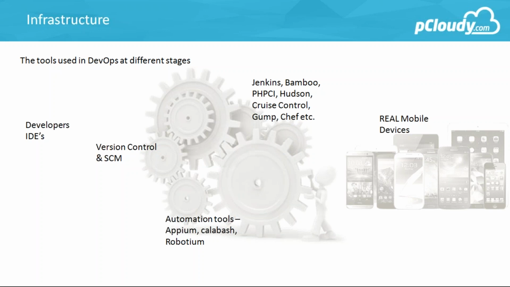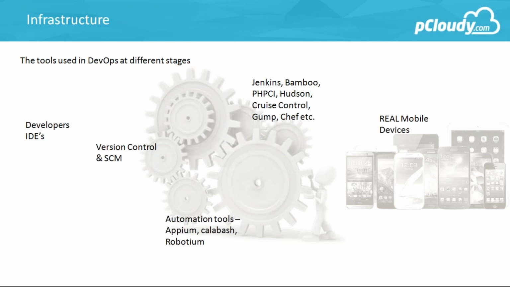Now, is it enough to do the testing on devices which are available with me? This is the question you'll have to ask yourself. We strongly believe that the majority of the testing has to be done on the real mobile devices. Okay, looking at the plethora of devices we have in the market right now, we have to very carefully select the right devices, both in terms of quantity and the OS version specifications.